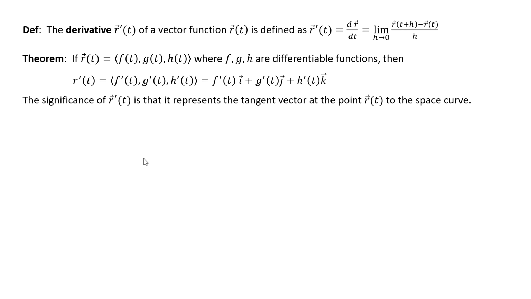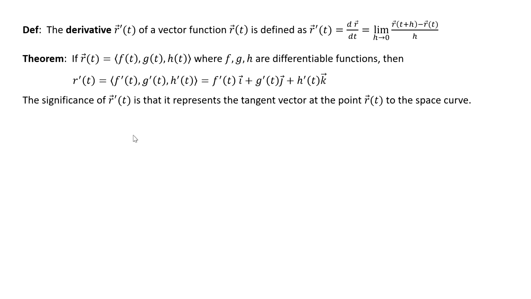Now the question may be, who cares what the tangent vector to a curve at a point is? We, especially engineers and physics people too, care about these tangent vectors quite a bit. And it is for this reason.